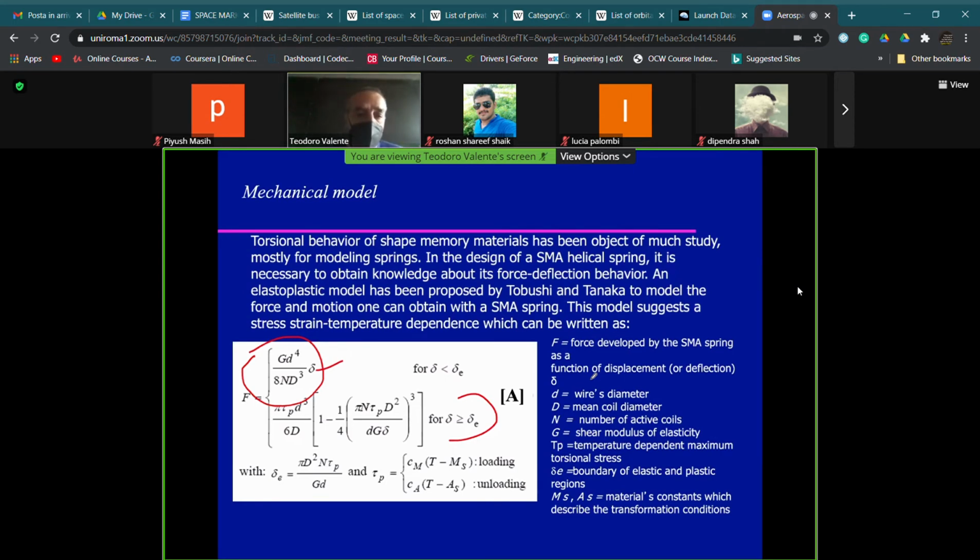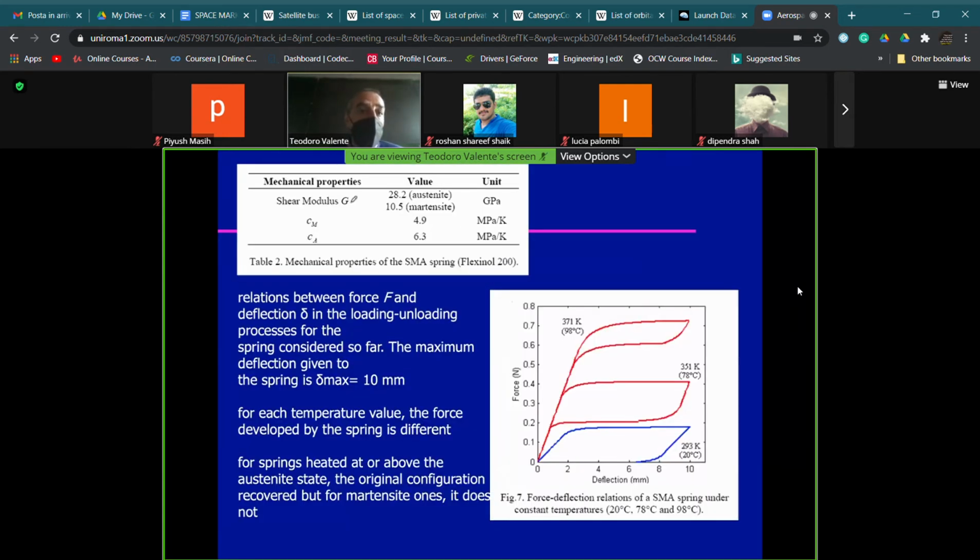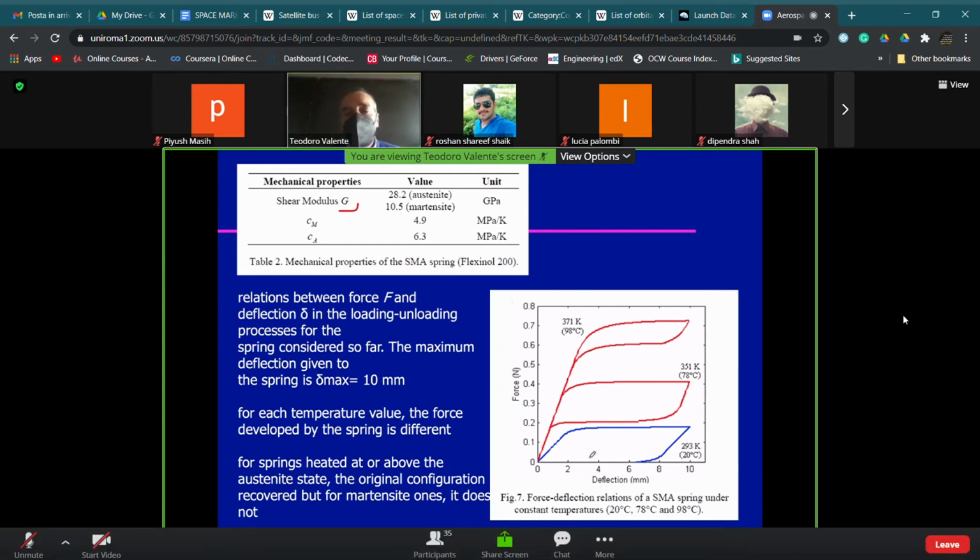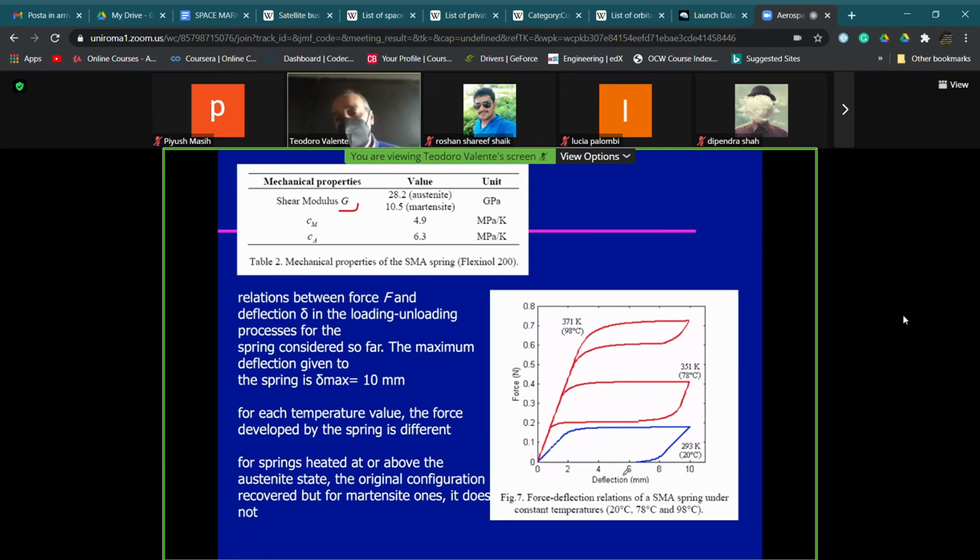And so with this final step, using obviously the correct values of the materials, for example, in terms of shear modulus, we are able to define diagrams in which force, that is stress, if you want, is plotted against the deflection of the spring itself.